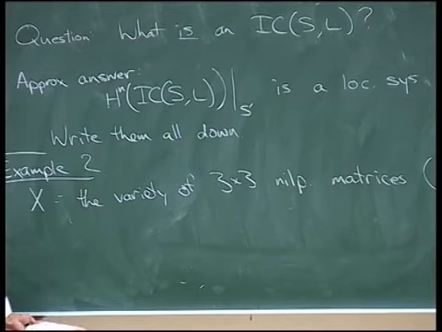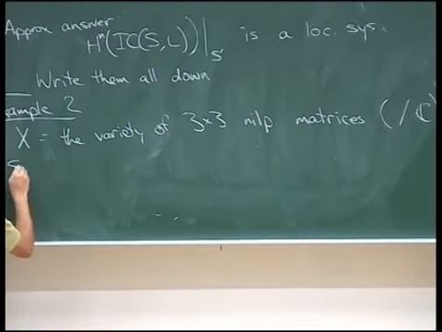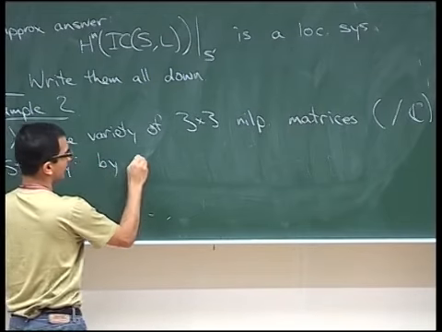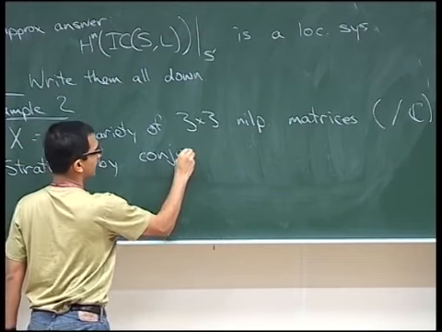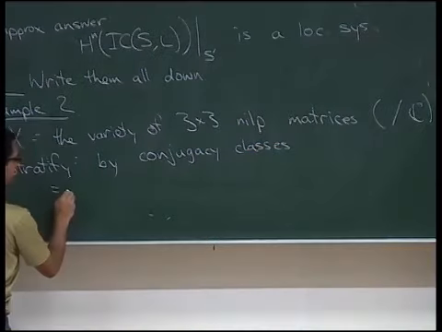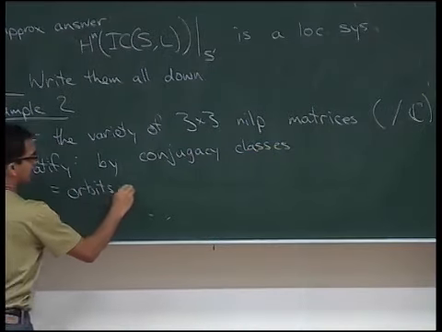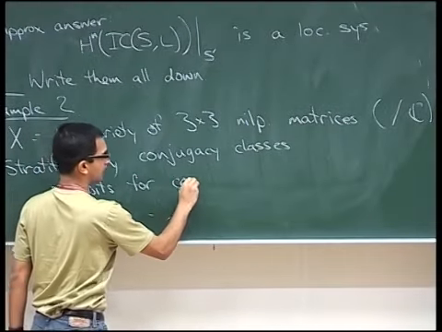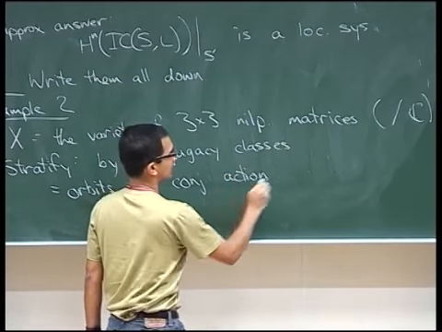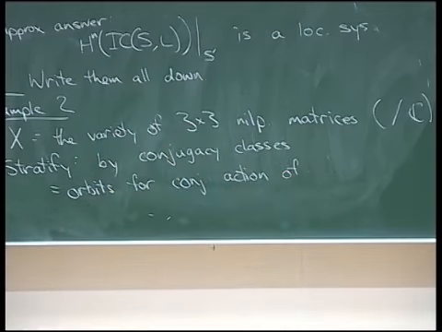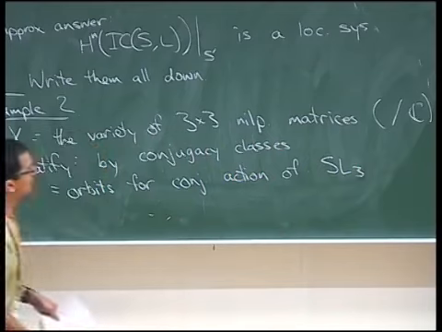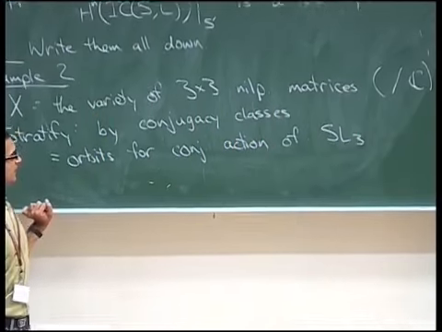And I'm going to stratify by conjugacy classes, or equivalently, orbits for the conjugation action of, well, maybe I'll use SL3 instead. You could do GL3 instead, but maybe I'll use SL3.